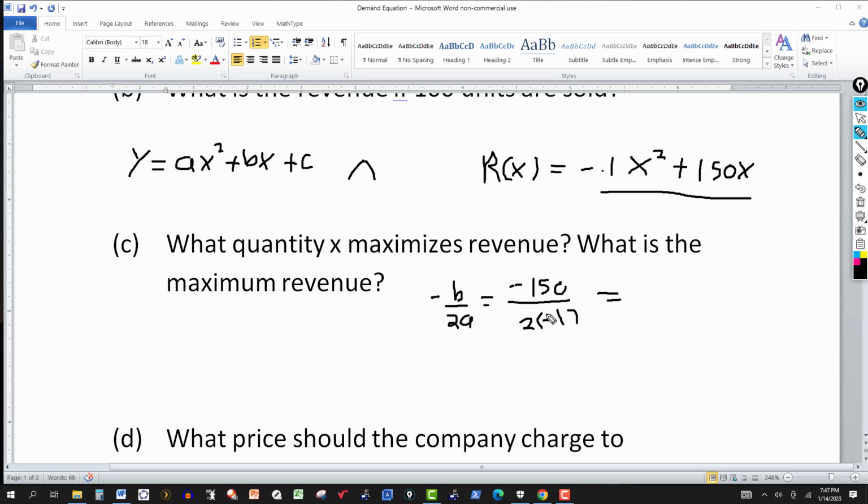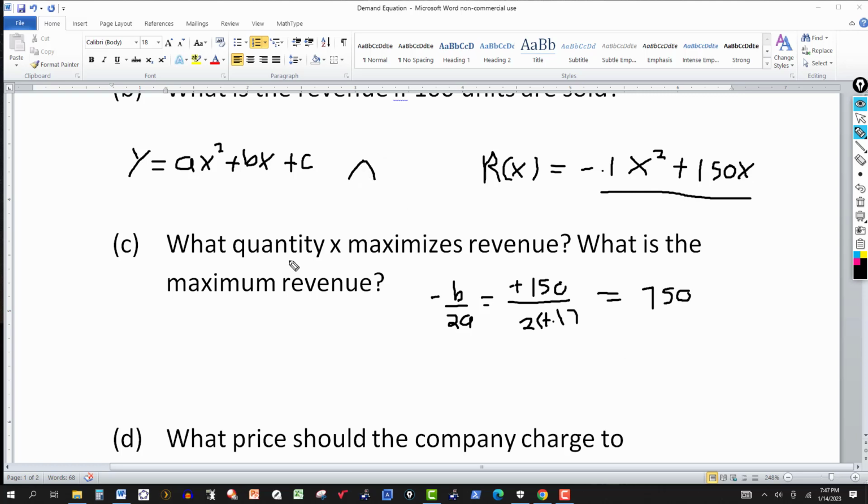The negatives are going to cancel here. You have a negative here, and you get a negative up here. Those are going to cancel. So it's going to be 2 times 0.1, that's just 0.2. So it's 150 divided by 0.2, which gives me 750. That tells me that the first component of this vertex is 750.